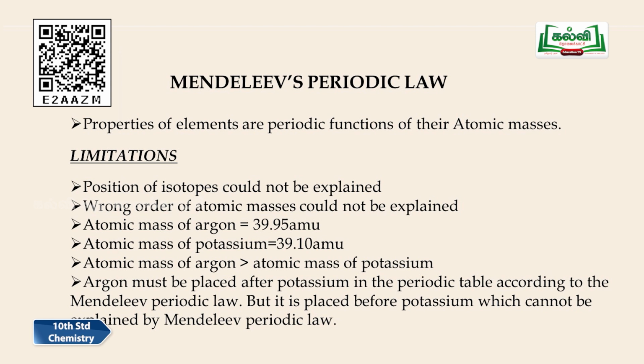Just imagine, if his arrangement is based on the increasing order of atomic mass, the one with the lesser atomic mass should come first. Potassium's atomic mass is 39.1, but for argon it is 39.95. So potassium should take the place of argon and argon should come in the place of potassium. Argon is an element that comes under inert gases.